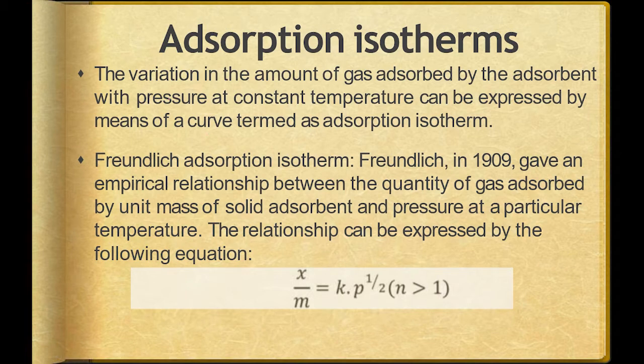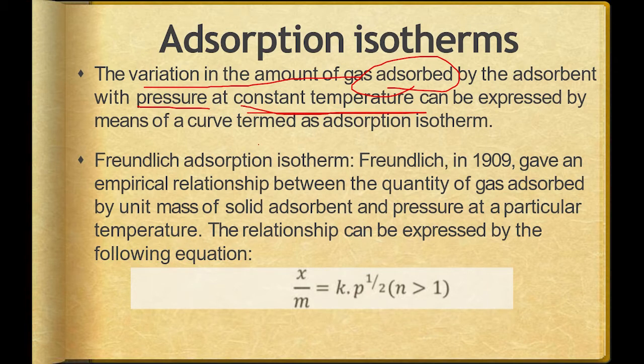Today we'll be starting with Surface Chemistry Part 2: Adsorption Isotherms. So, what are adsorption isotherms? It is the variation in the amount of gas that is adsorbed by the adsorbent with pressure at some constant temperature.